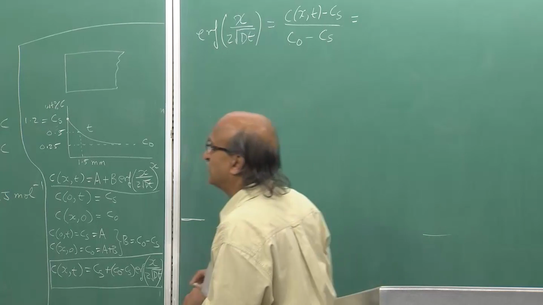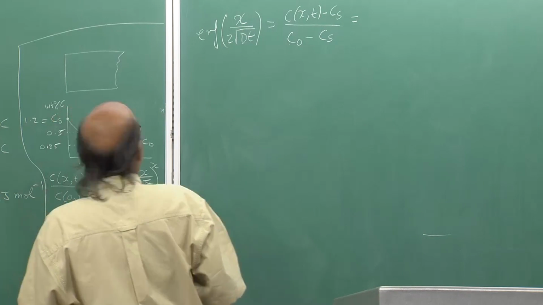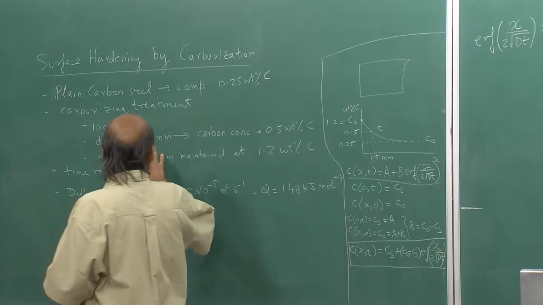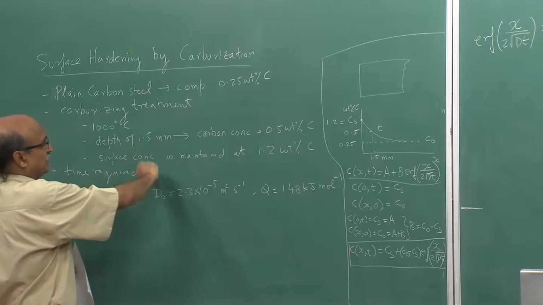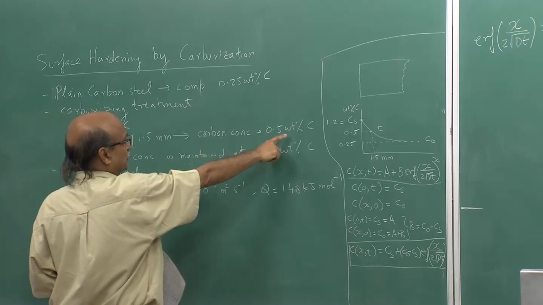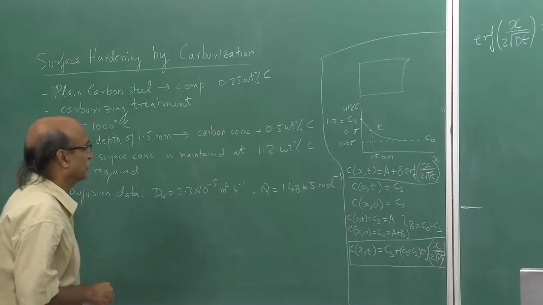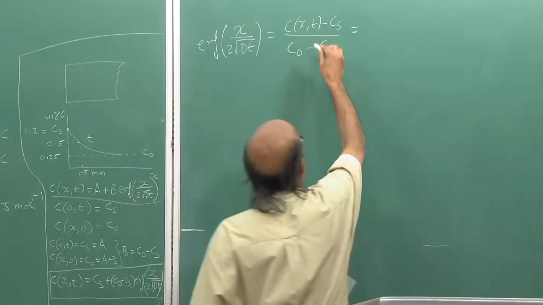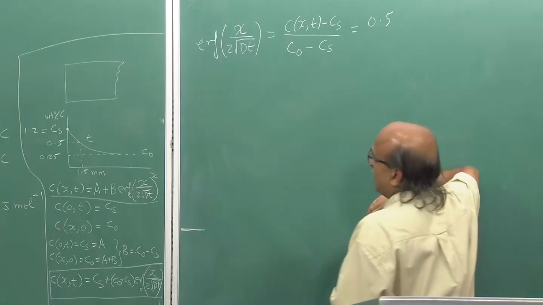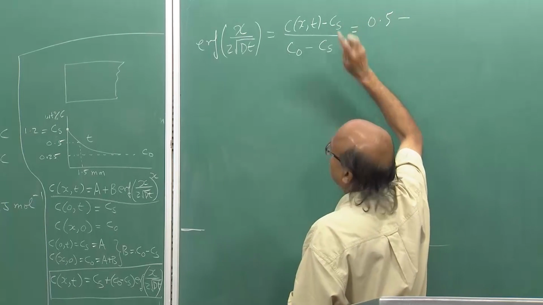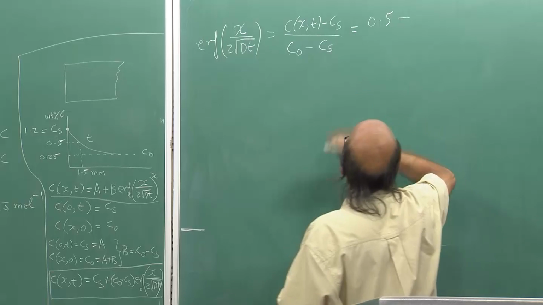Now, let me substitute that I want, at a depth of 1.5 mm, a carbon concentration of 0.5 weight percent. So, therefore, for Cxt, I will put 0.5 minus the surface concentration, which is fixed at 1.2 weight percent.